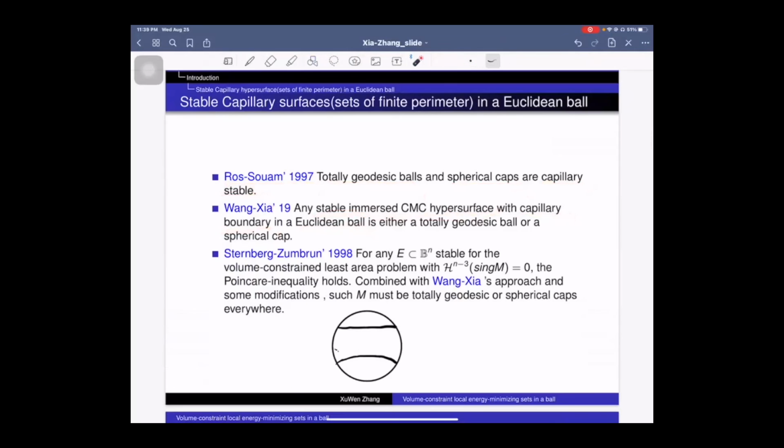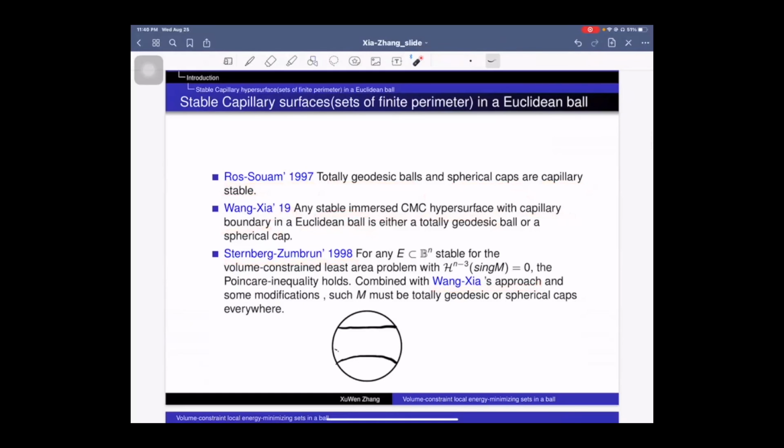These results are for hypersurfaces, but if we consider Sternberg and Zumbrun's results, they consider a set of finite perimeter, which is not smooth in general, and combine this result with Wang and Xia's approach.